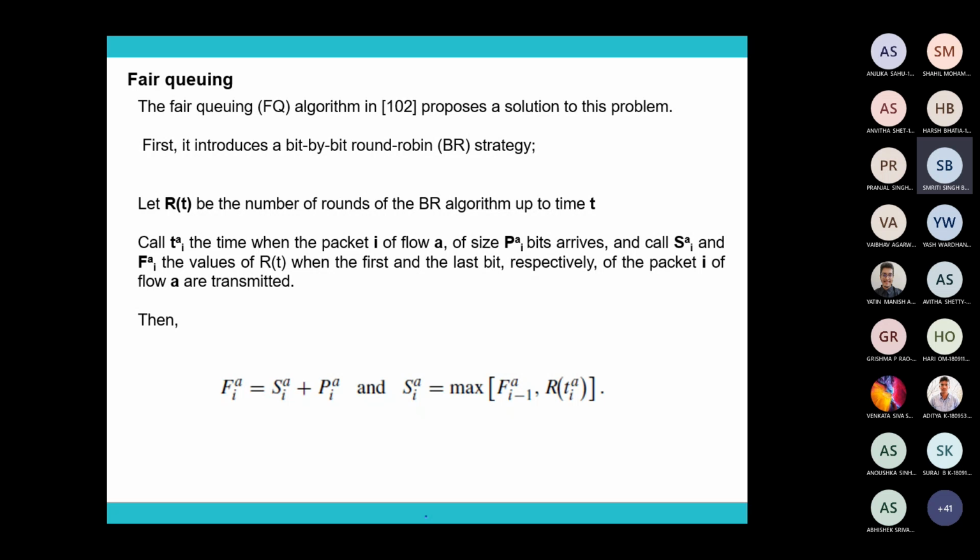That is S i A, which is equal to max of F i minus 1 A comma R T i A. The second component in the max represents the arrival of the packet. If the second packet arrives late, then the start time will be R T i A only.